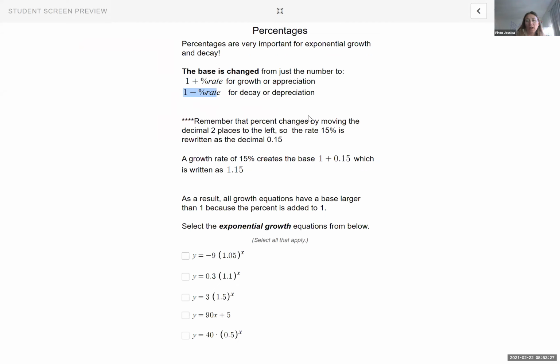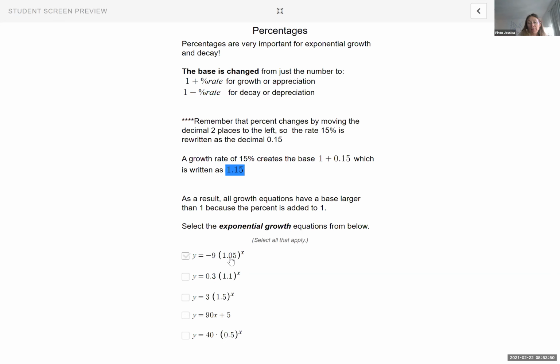So remember, when we are moving percentages, we move the decimal 2 places to the left. So we change it to a decimal first, then we add that decimal to 1. So we're seeing the example here with 15%. So we change it to the decimal, then we add it to 1, and it looks like just the number 1.15.